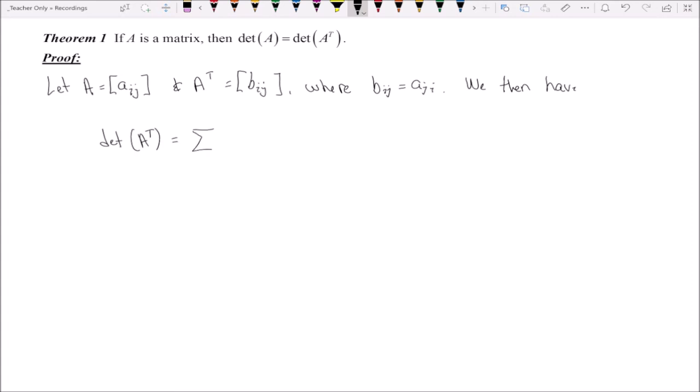So this will be the sum of plus or minus B1j1, B2j2, and so on, Bnjn. Flipping the B's, we get plus or minus Aj11, Aj22, and so on, Ajnn.